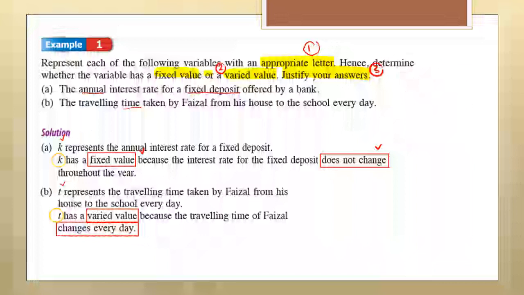Another situation, let's say Faisal leaves the house earlier and he reaches the school earlier, taking shorter time to reach the school. That's why you can say that the time taken is not the same every day, correct? And that is why we mention it has a varied value, because it changes every day. Alright?